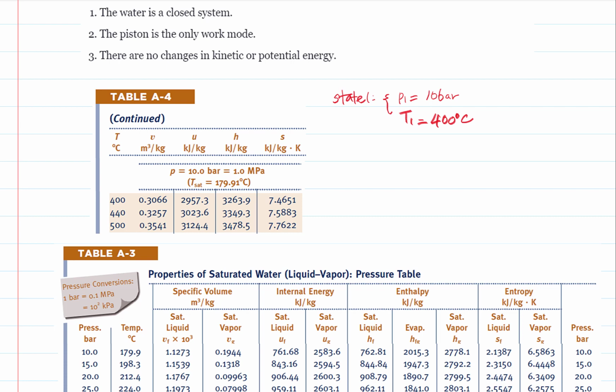Table 8.4 is a superheated water vapor tables. So pressure 10 bar and temperature 400 degrees Celsius. We need to know the specific volume and internal energy.